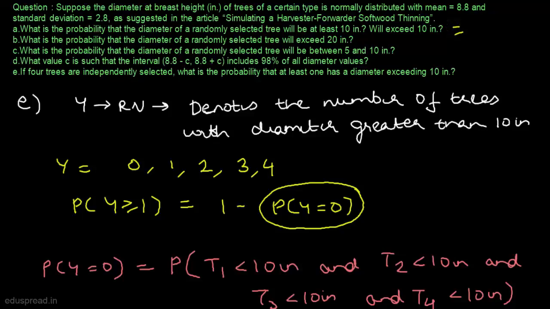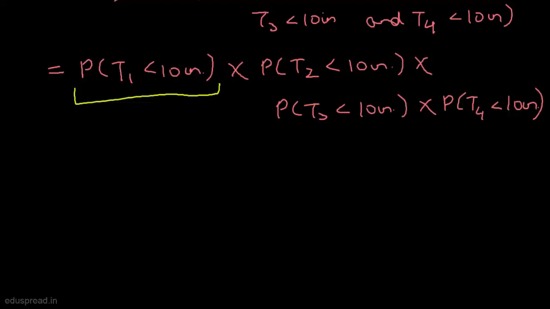And we found that this probability was equal to 0.3336. So what would be the probability that a randomly selected tree will have a diameter less than 10 inches? This is quite straightforward. It will be equal to 1 minus 0.3336, because 0.3336 is the probability that a randomly selected tree will have a diameter that will exceed 10 inches.